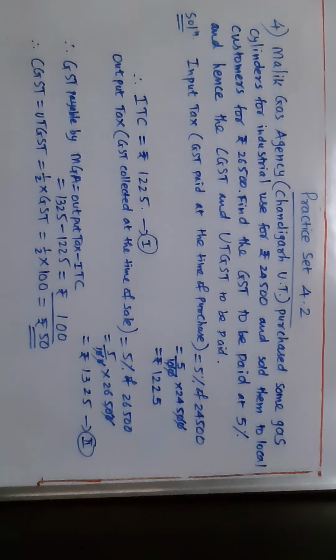I hope you will start doing sums number 5, 6 and 7 by yourself based on the same concept and similar sums from the problem set of this chapter. In the next live lecture I will try to explain this, but this is a very simple chapter, and 4 sums I have already solved. Based on this you try to solve, understand the concept of input tax credit, output tax, and then how to find GST, CGST, SGST, as well as sometimes UTGST, you can know it.